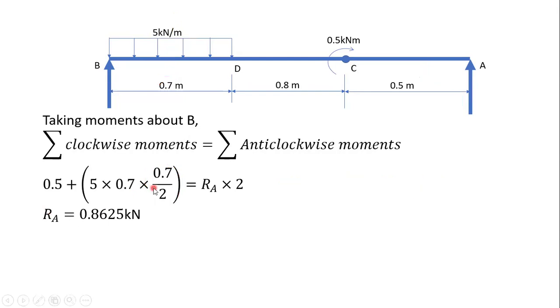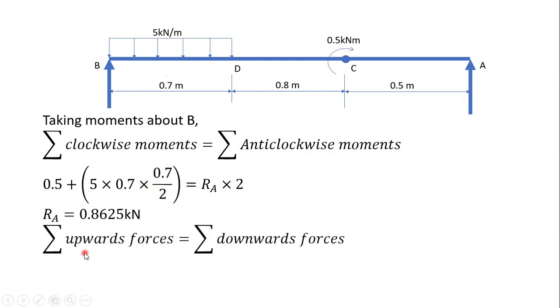To find the other reaction, we just say summation of upward forces is equal to summation of downward forces. What are the upward forces? It is RA, which is this one, plus RB, this side.